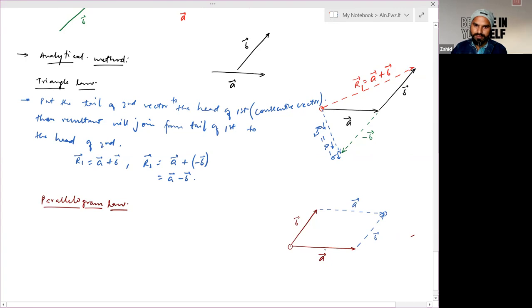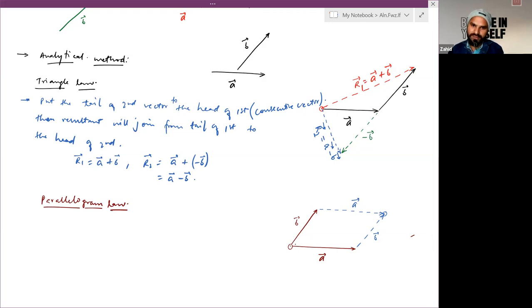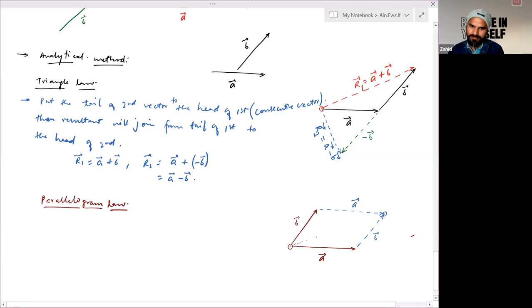Now, just see in this particular geometrical figure, which is nothing but a parallelogram. So the diagonal in between them will be termed as the resultant of these two vectors. So for this parallelogram, arrange two vectors as co-initial or co-terminal.